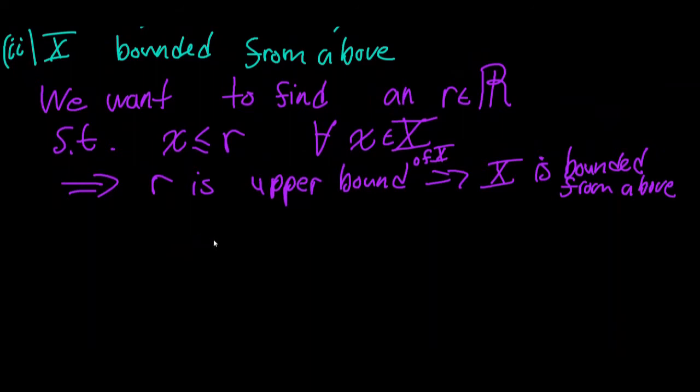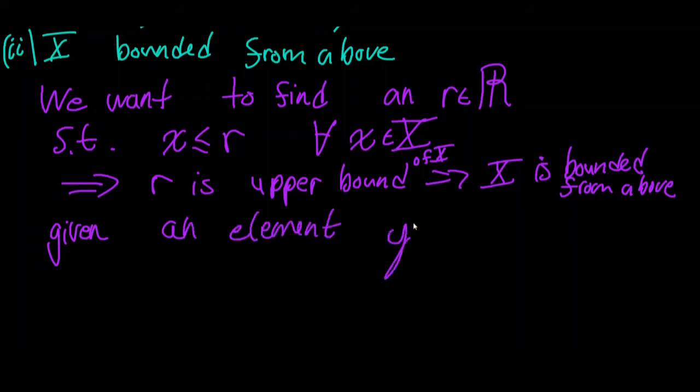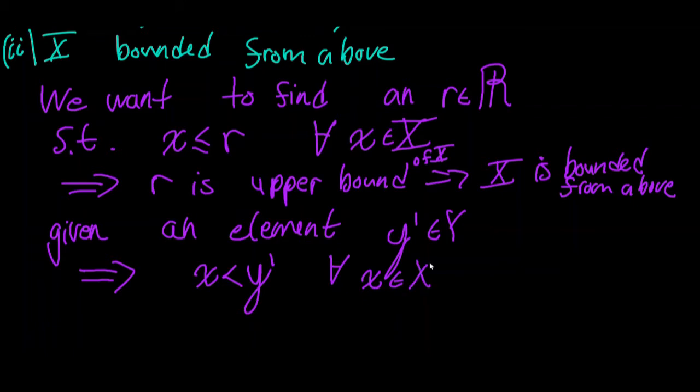And I can also say that given an element, we'll call it y prime, in y, this implies that x is strictly less than y prime for each x in X.